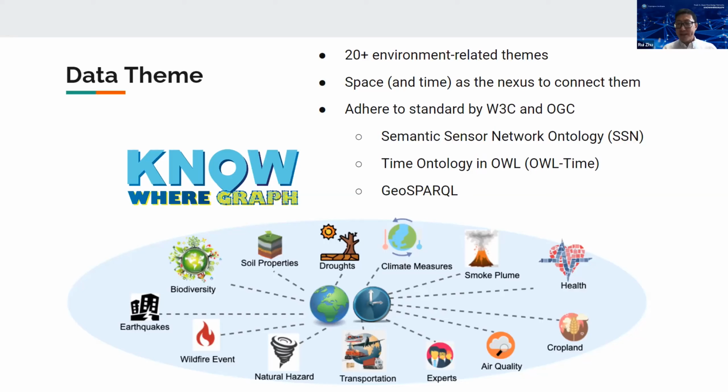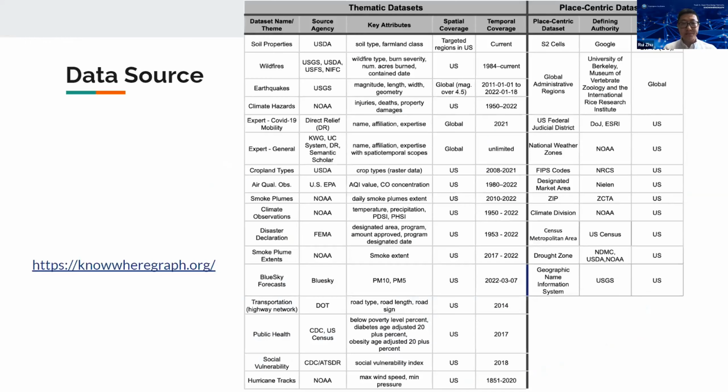While we're developing this, we also want other people to use it, so we are using the standards developed by W3C and OGC. The key ones here are SSN, the Semantic Sensor Network Ontology, the Time Ontology, and GeoSPARQL, so that our graph can be integrated with others as well. Next slide, please.